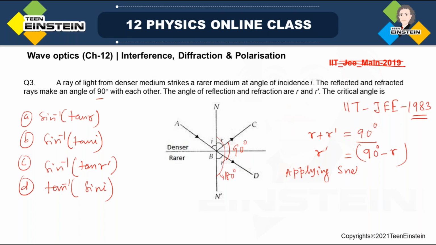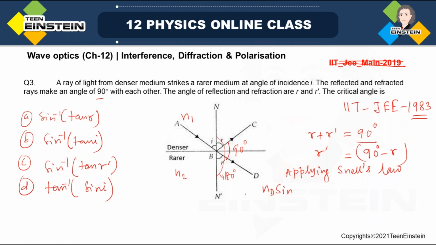So we can write n1, that means the refractive index of this denser medium is n1, and rarer medium is n2, suppose.